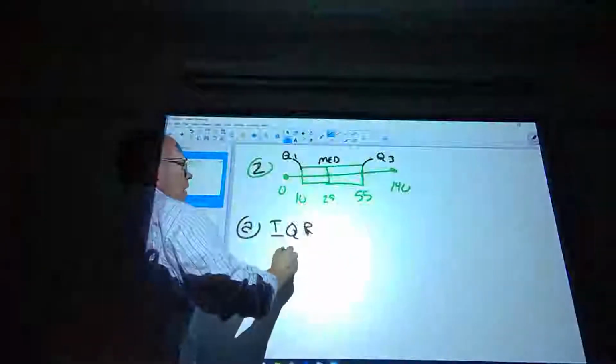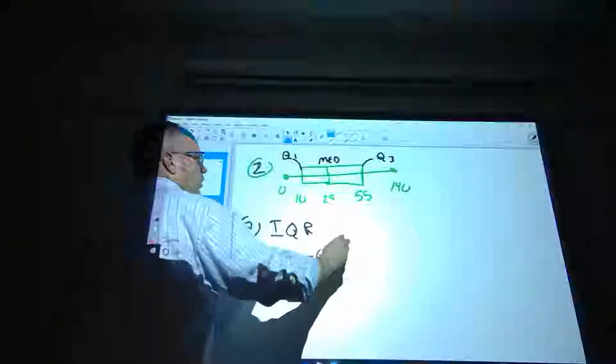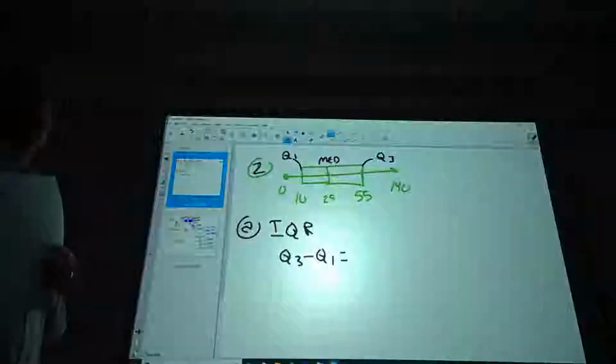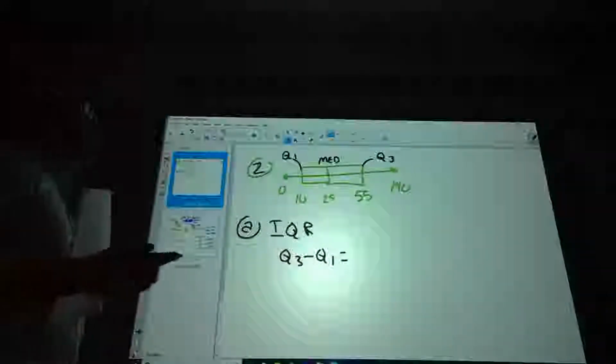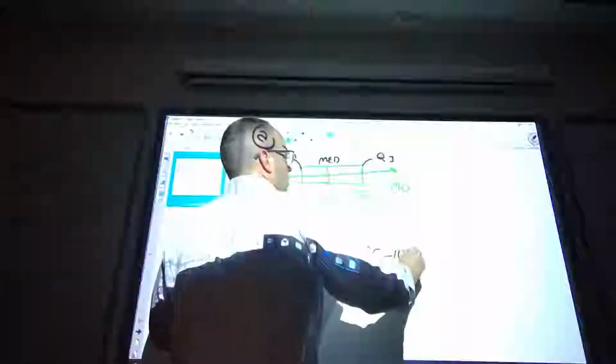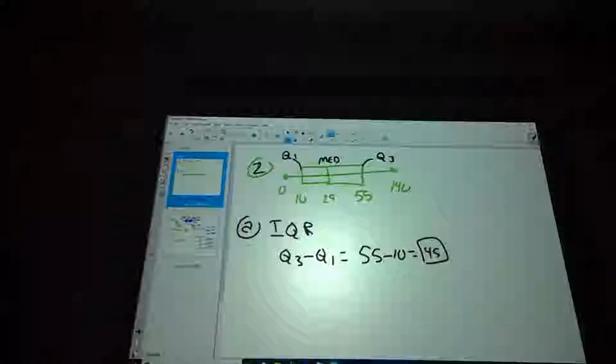The IQR is Q3 minus Q1. So what is Q3? What numeric value is Q3? 55. What numeric value is Q1? 10. Subtract those so I get 45. 45 is my IQR, my interquartile range. My interquartile range means you're talking about 50% of your data, 50% of your information.